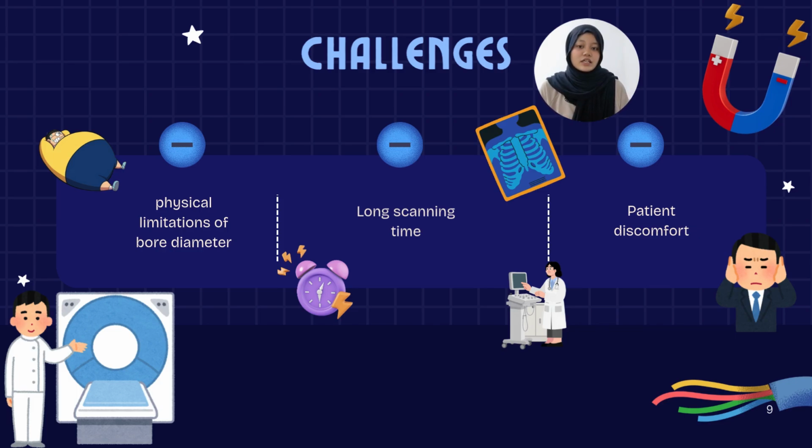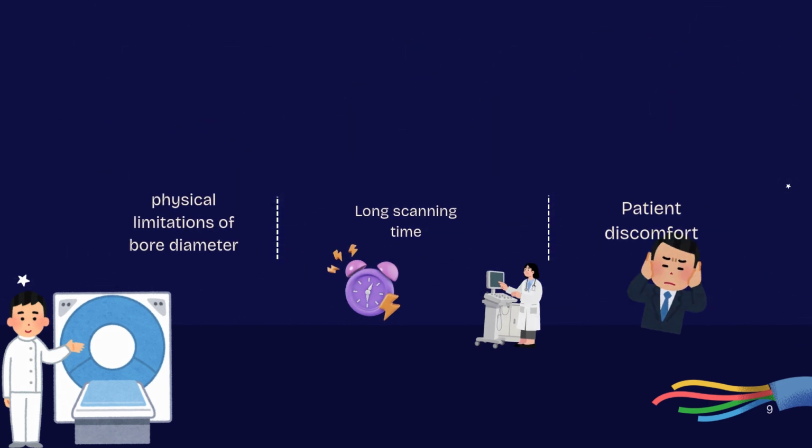Second is a long scanning time. An MRI scan usually takes longer than a CT scan or X-ray. The patient must stay still for a long time because movement can cause blurred images. And lastly is patient discomfort. The MRI scanner produces a very noisy sound, which can cause anxiety in some patients.